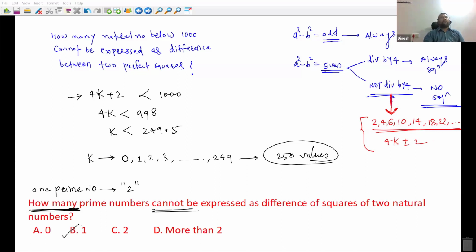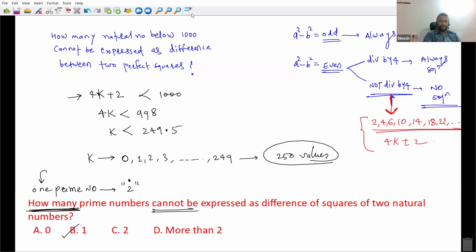Which kind of numbers can we not express as a difference between two perfect squares? The numbers which are multiples of 4 plus 2, the numbers which are even but not a multiple of 4. Is there any prime number which is even but not a multiple of 4? Yes, 2 is the only prime number. There is only one prime number which satisfies this condition. The answer is option B.